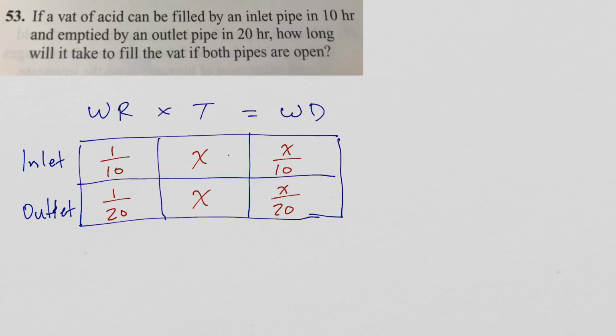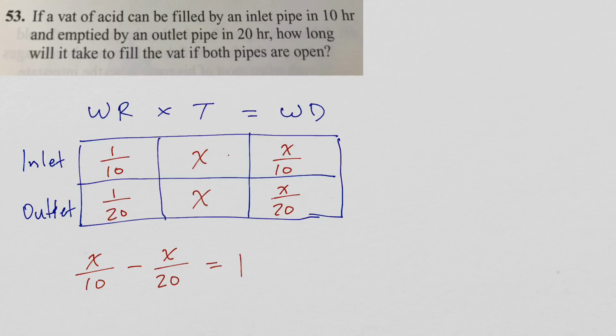So our equation, we're trying to fill the vat, meaning we're trying to complete one job. So if we take the inlet work and we subtract, because the outlet is doing negative work, we'll get one job.